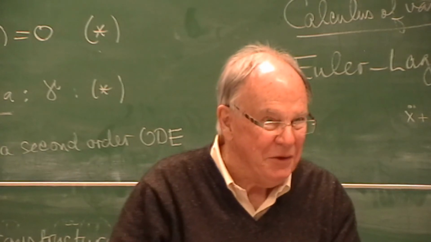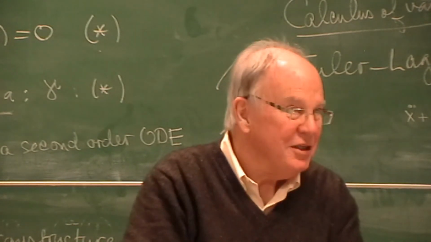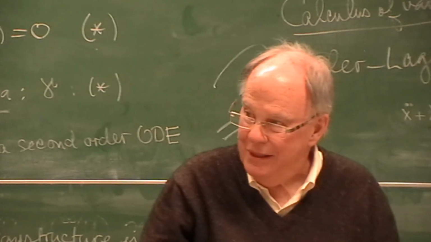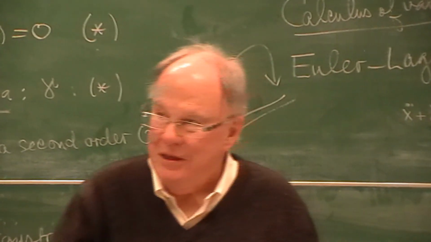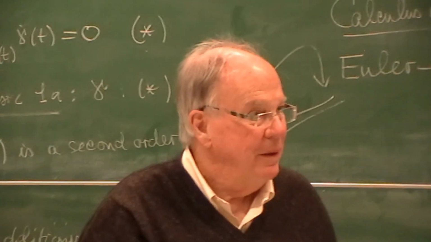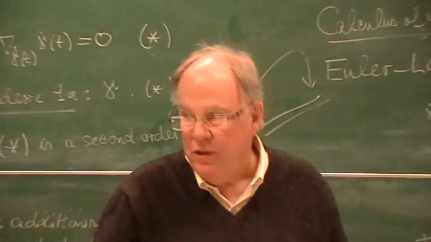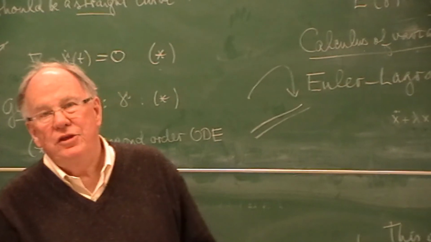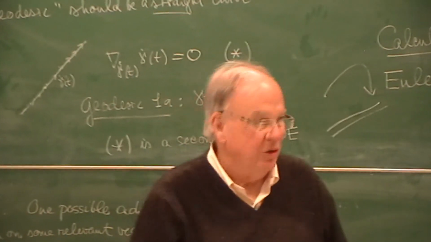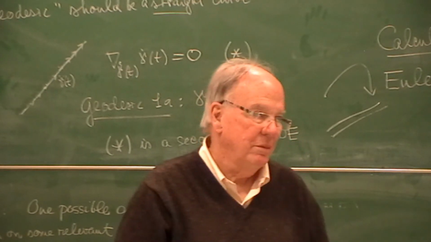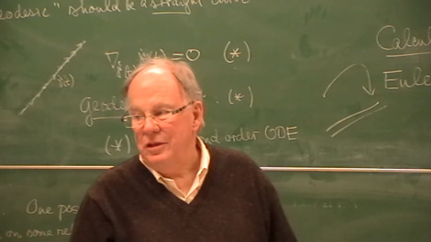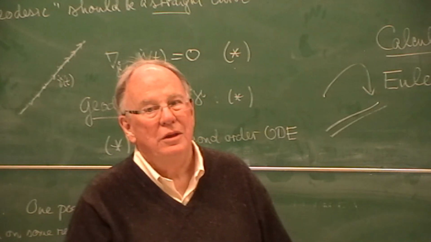The location of the particle and its velocity is a point in the tangent bundle. This differential equation is a vector field on the tangent bundle. Okay? With the metric, the tangent bundle is canonically isomorphic to the cotangent bundle because the metric is just a pairing. On the cotangent bundle, there is a canonical symplectic structure.